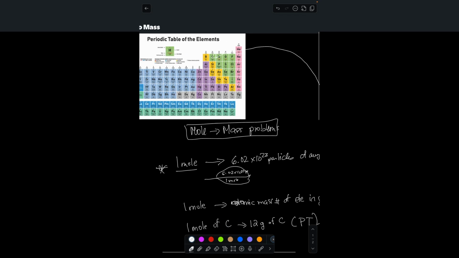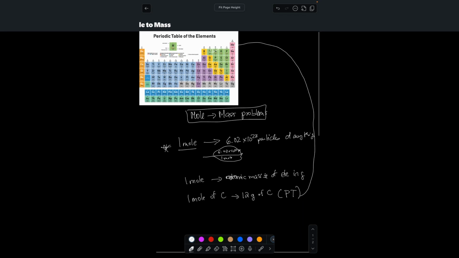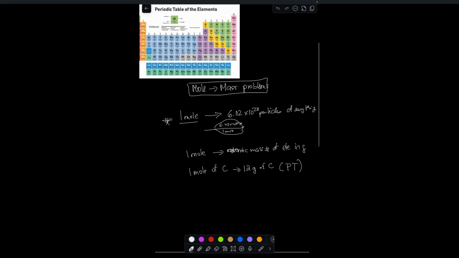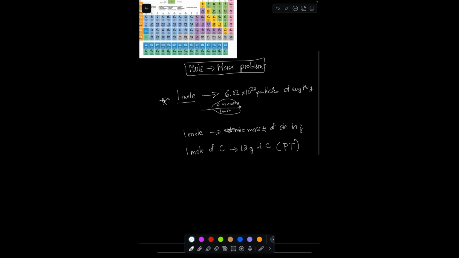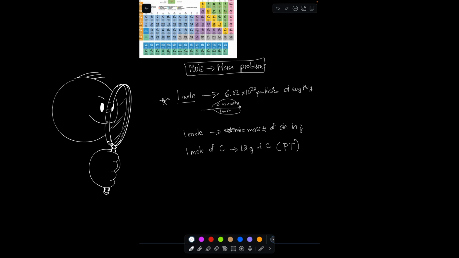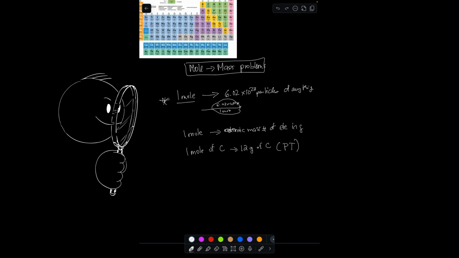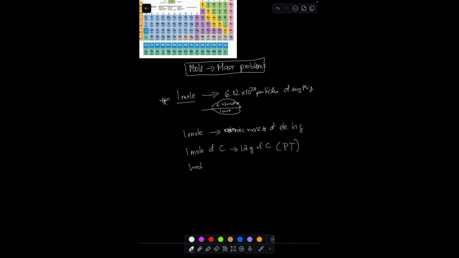And so now that we understand that, let's do some mole to mass problems. Okay, we're not going to focus on Avogadro's number. We're going to focus on the fact that 1 mole of anything, of X, is equal to the periodic table grams, right?